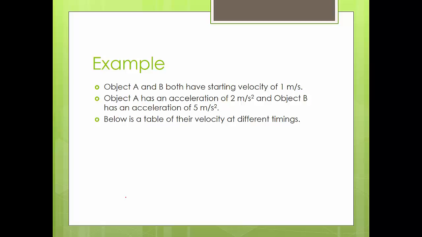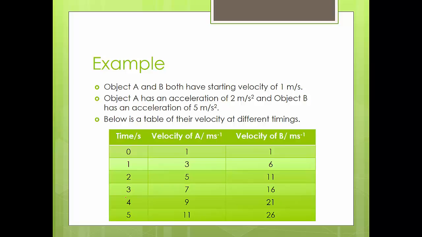After a certain time, you find that their final velocities are different. A and B start at 1, but after 1 second A is 3 and B is 6. After 2 seconds, A is 5, B is 11, then 7, 16, 9, and so on.